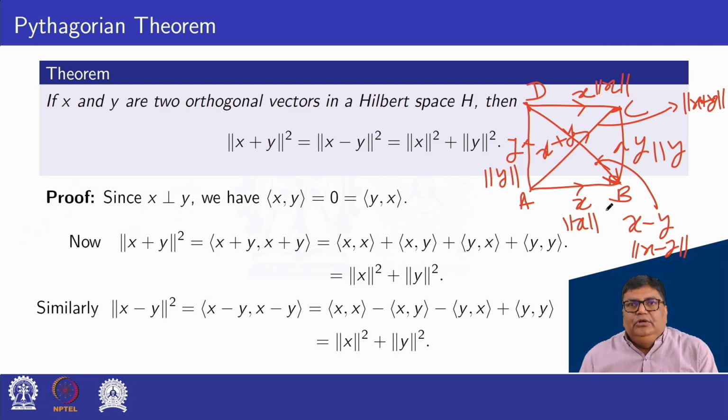So AC squared is equal to AB squared plus BC squared. This is the Pythagorean theorem. So the norm of x plus y squared is equal to the norm of x squared plus the norm of y squared. Similarly, for the other diagonal, the norm of x minus y squared equals the norm of x squared plus the norm of y squared.